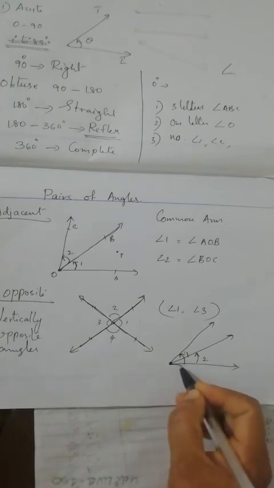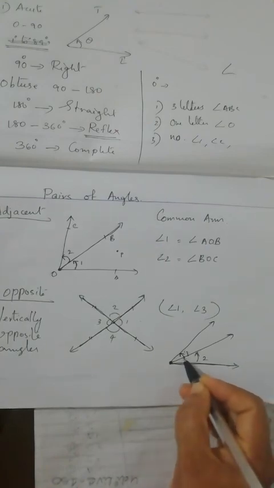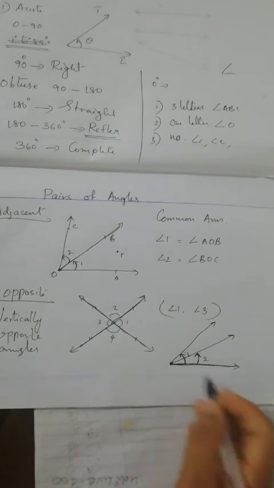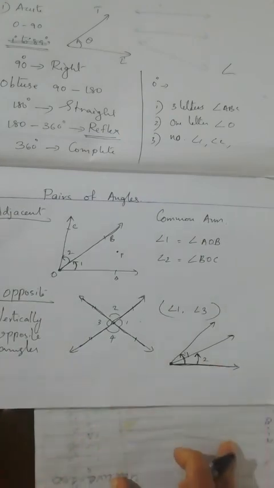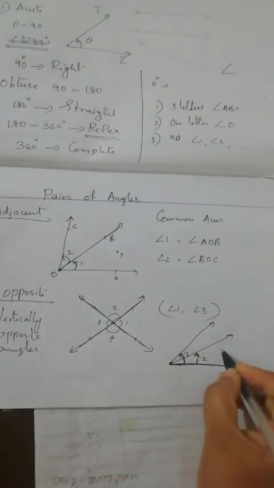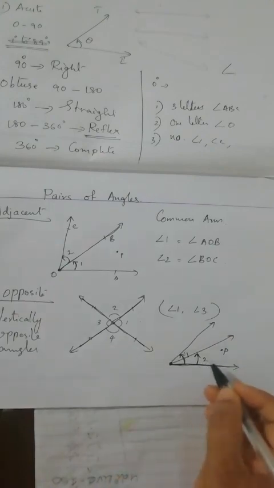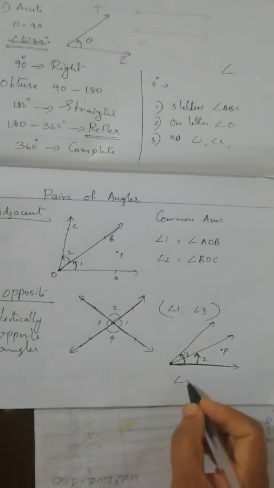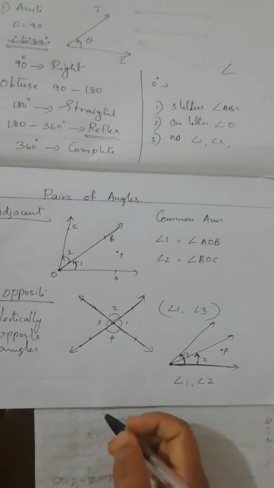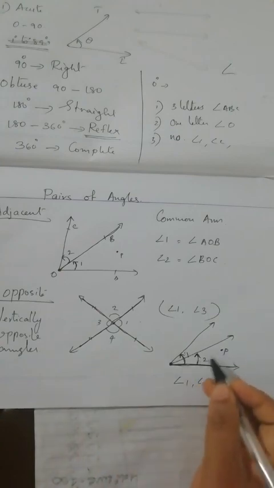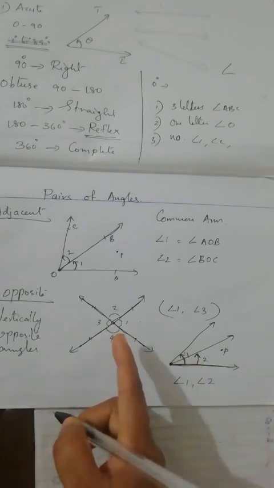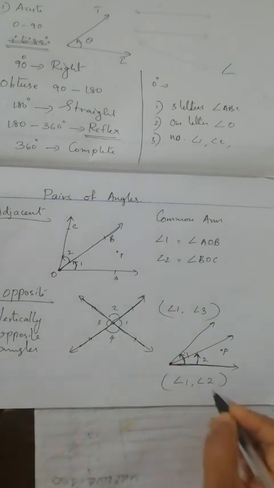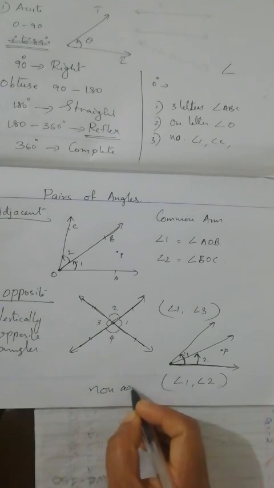This arm is common for angle 1 and also for angle 2. But when we take a point P inside 2, it is also inside 1. So we cannot say angle 1 and angle 2 are adjacent angles. Adjacent angles are such that a point inside 1 does not come inside 2. So angle 1 and angle 2 are non-adjacent angles.